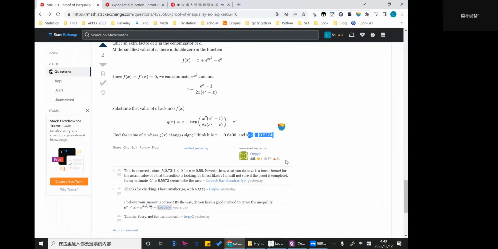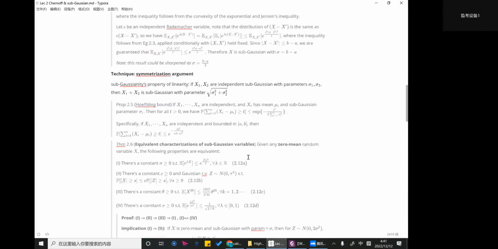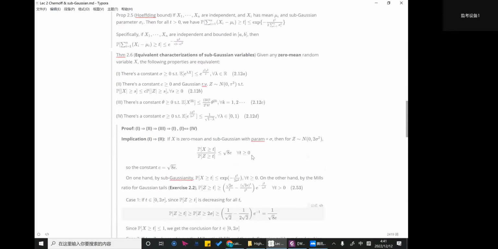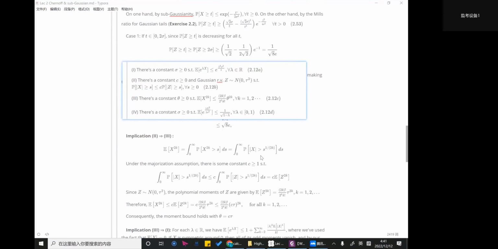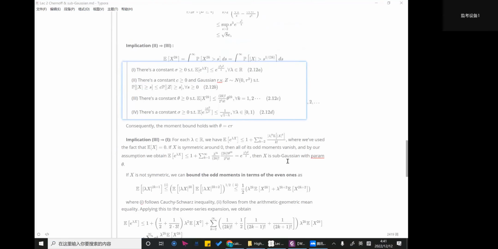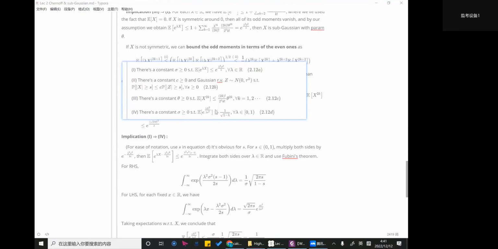So what's the implication? What's the intuition? What can we learn from this proof? So the author, what are we going to prove here? We want to prove that 4 leads to 1. So we have the condition like this, the e, but here the term is about the square of x, and we want to get the exponential where the power is x.